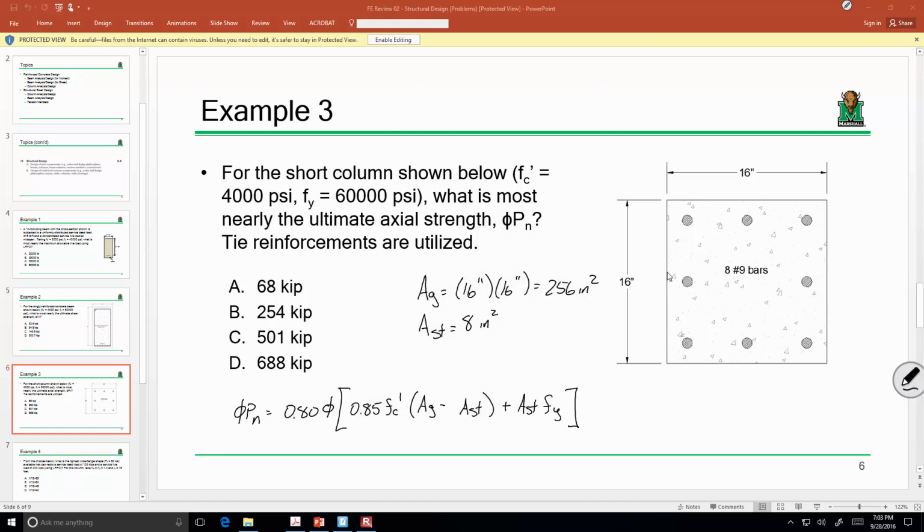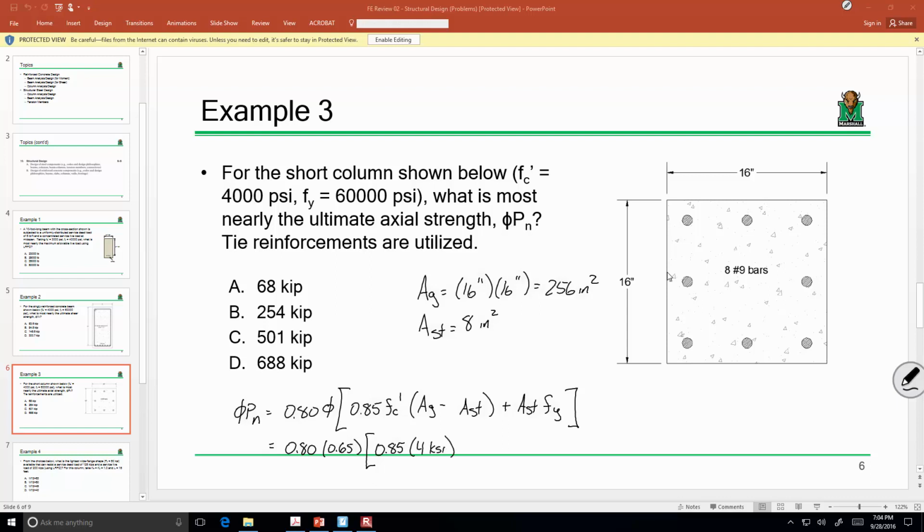So that is 0.8 times, what's phi? No, phi. No, that's fine. f'c, there we go, 4 ksi.